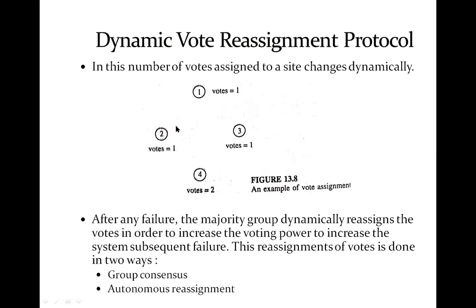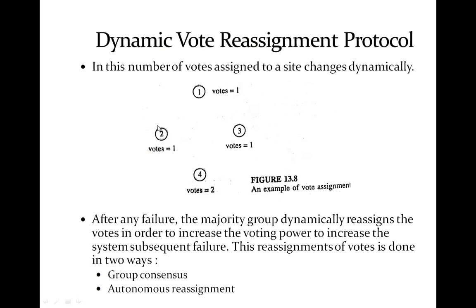So the total votes available to 1 and 2 will be 10, which is more than the quorum. So the quorum can be collected even though sites fail or there is a partition, by reassigning the votes.